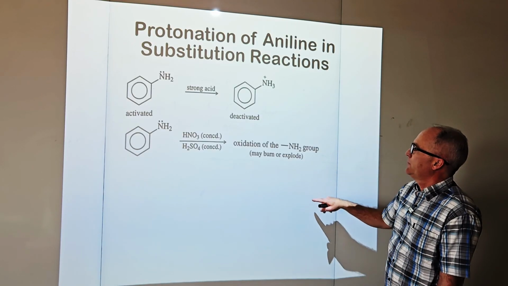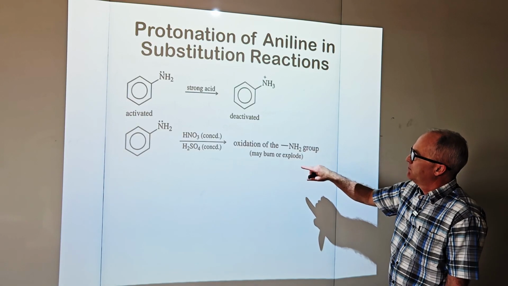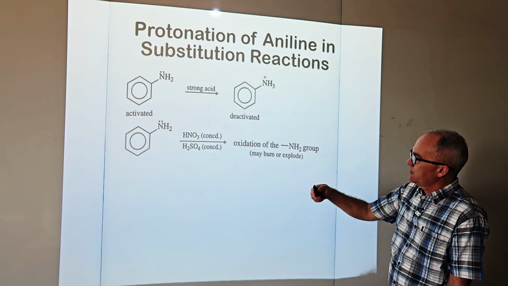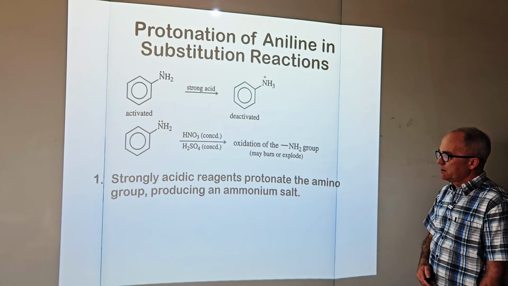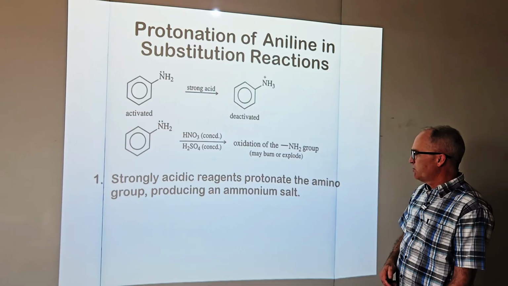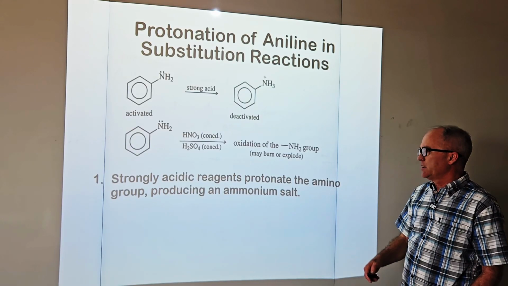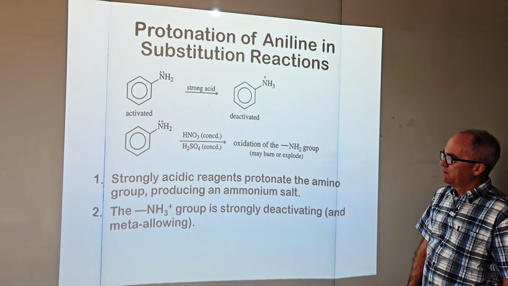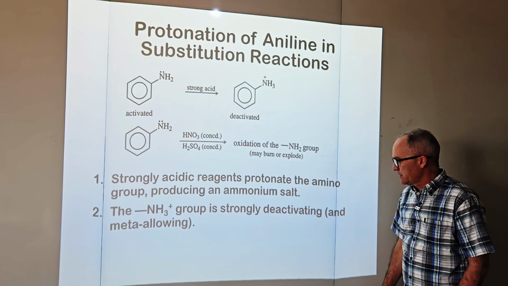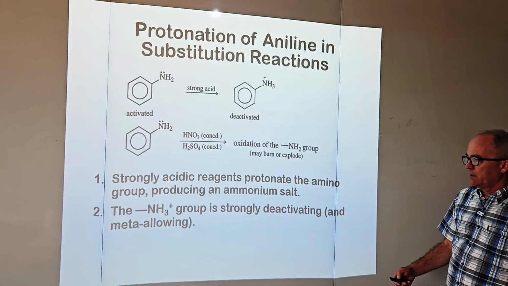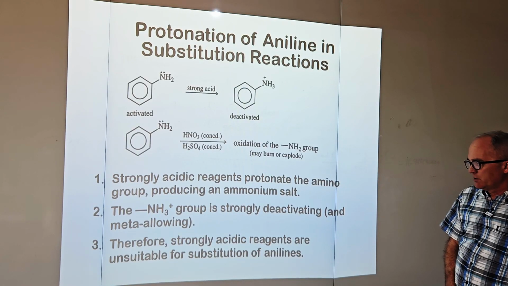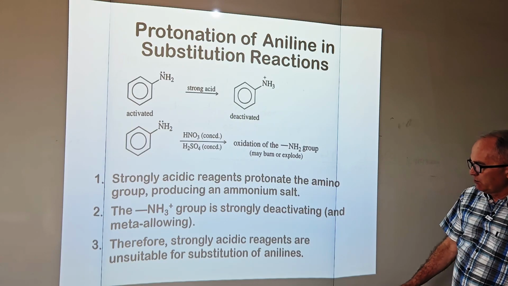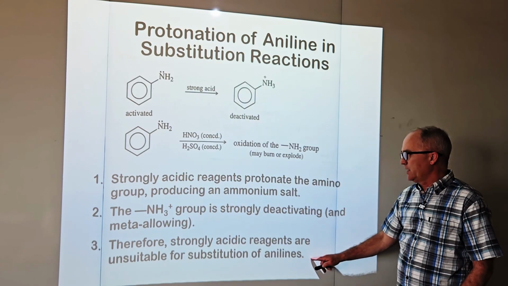Explode. Oxidation of the amino group does interesting things. We're going to look at that in quite a bit of detail. Strongly acidic agents protonate the amino group, producing an ammonium salt, and it's strongly deactivating and now meta-directing. Therefore, strongly acidic reagents are unsuitable for substitutions of anilines.